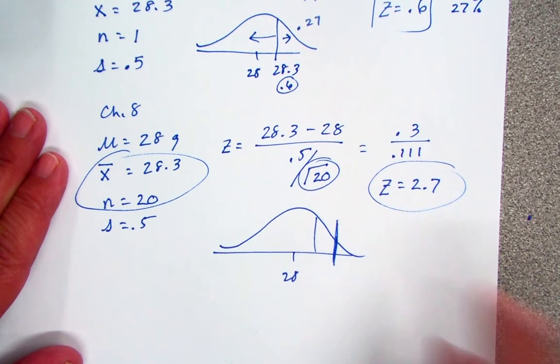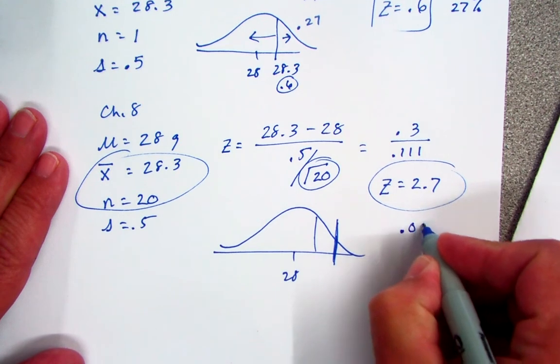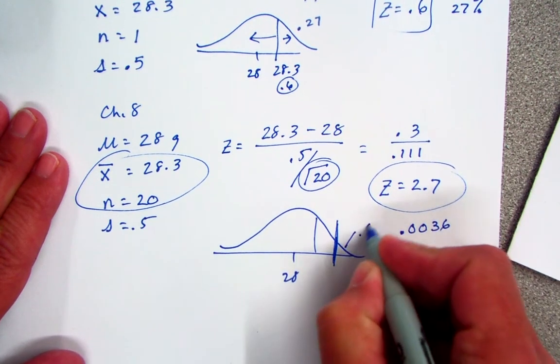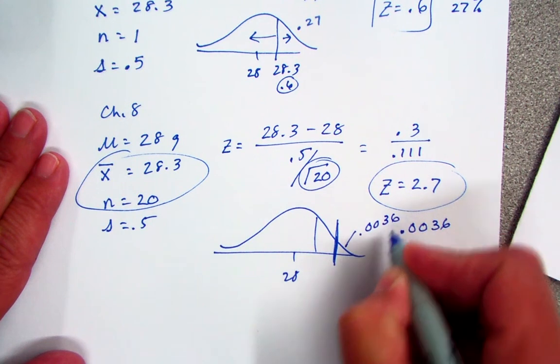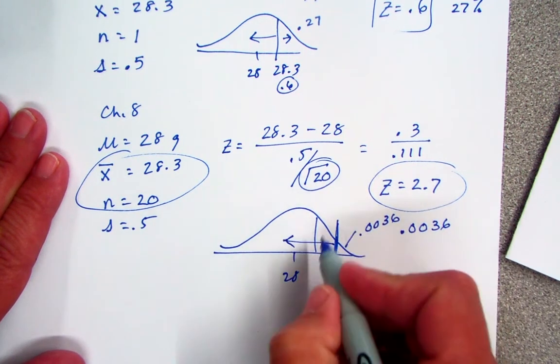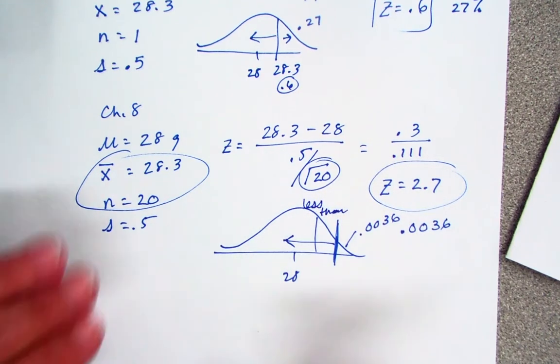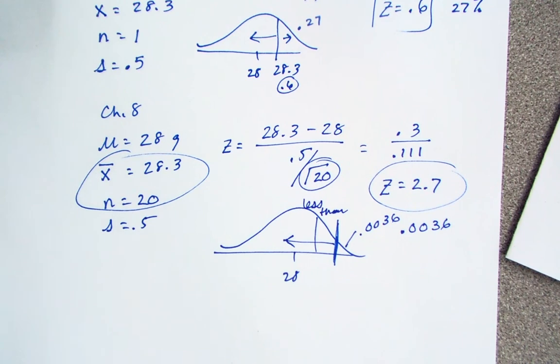In fact, when I look up that 2.7 z-score, I get approximately 0.0036 on this side. Remember, I've subtracted it from 1. My table reads to the less than, and I subtract from 1 to get to the greater than. So essentially the same operations, but you just have to look at, I'm only looking at 1 versus I'm looking at a sample. A sample gives you much more evidence.